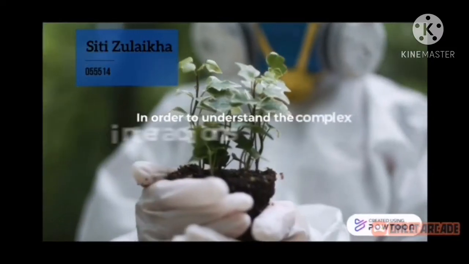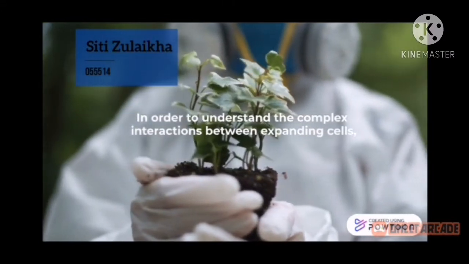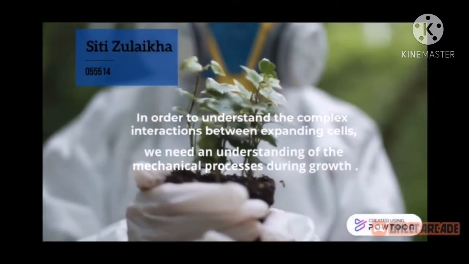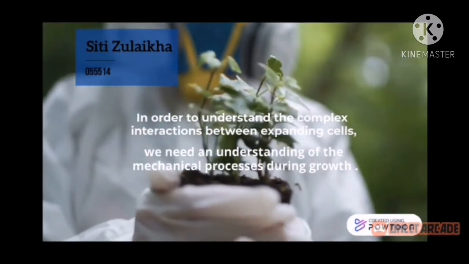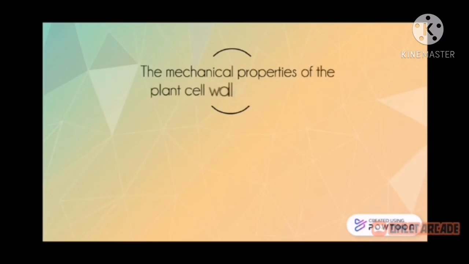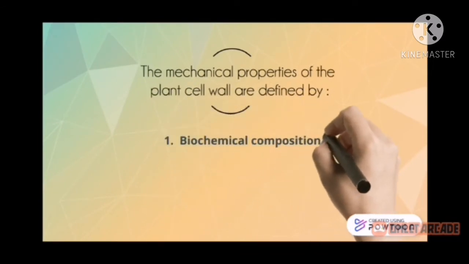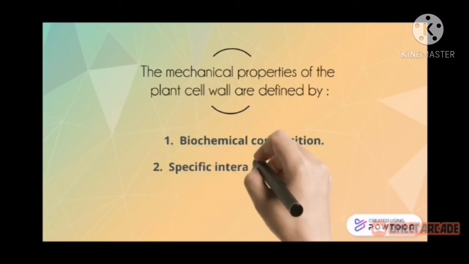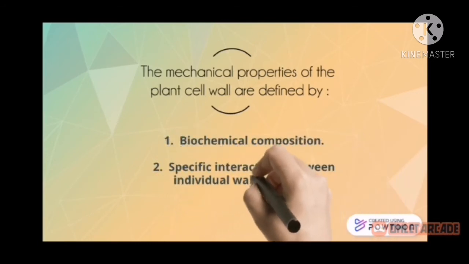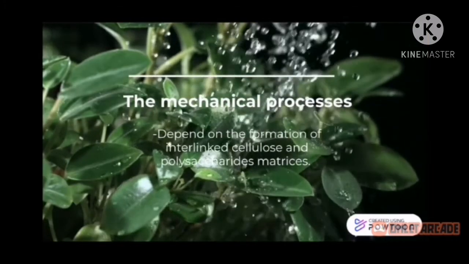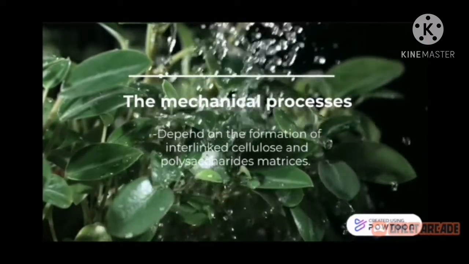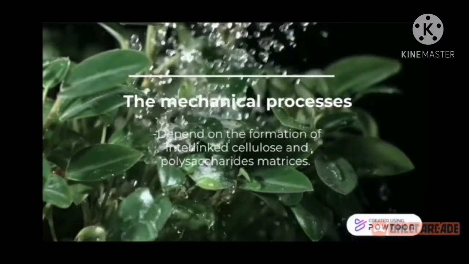In order to understand the complex interaction between expanding cells, we need a profound understanding of the mechanical processes during growth at the single cell level. The mechanical properties of the plant cell wall are defined by its biochemical composition and the specific interactions between individual wall polymers. It depends on the formation of interlinked cellulose and polysaccharide matrices.